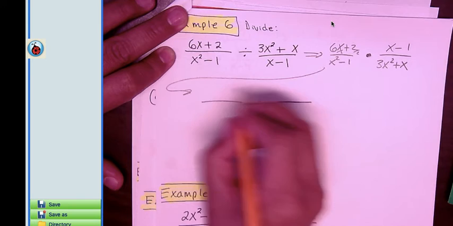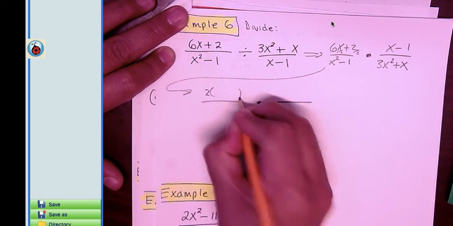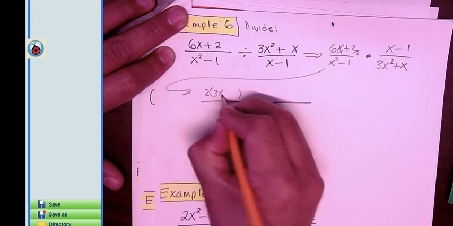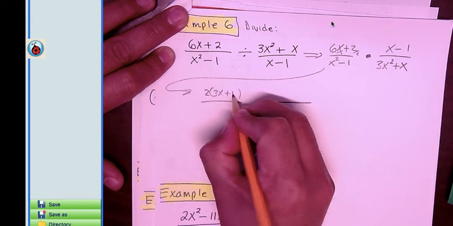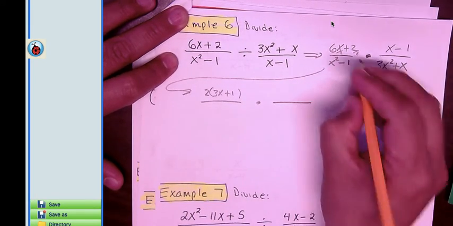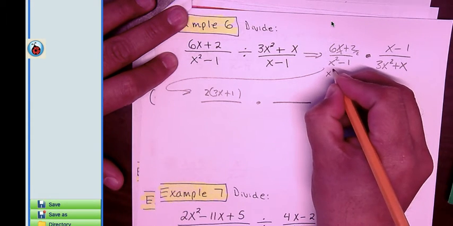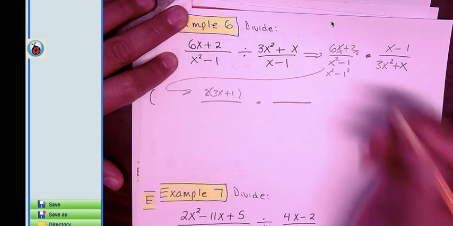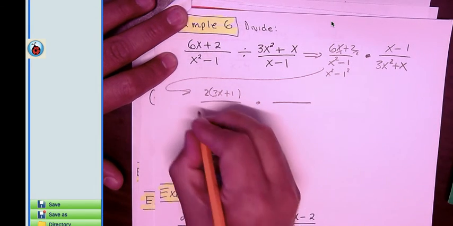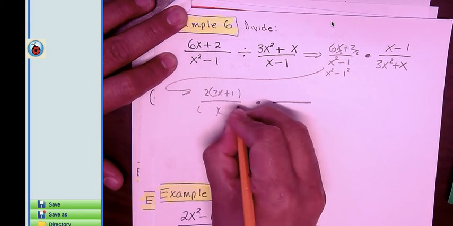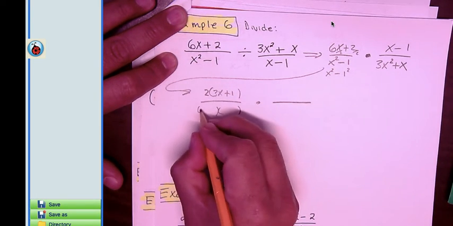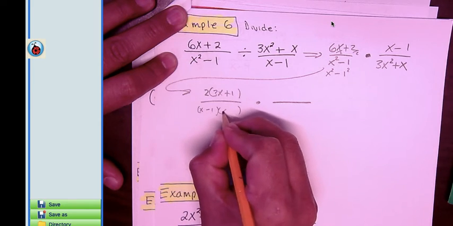So from here you're going to have the 2 outside. 6 over 2 is 3, and then the x, and then 2 over 2 is just 1, so plus 1. Here, this is a difference of perfect squares, minus 1. 1 squared is just 1, so it's a difference of perfect squares. So you can have x minus 1, x plus 1.